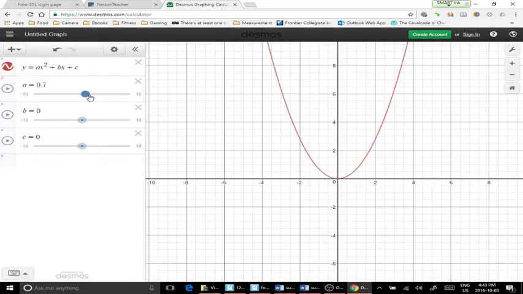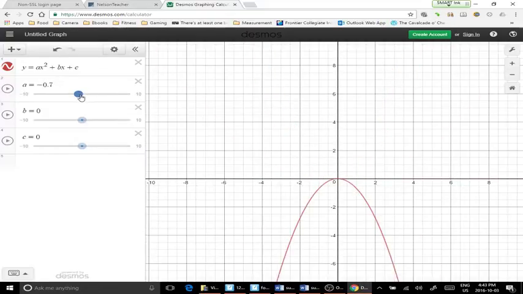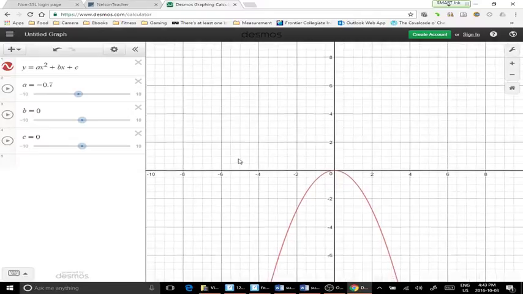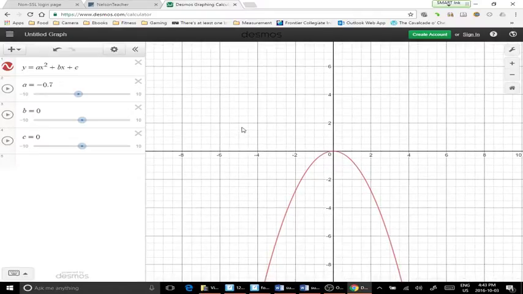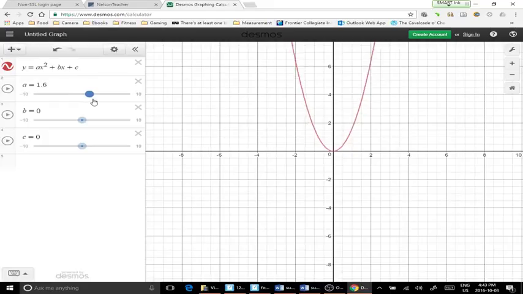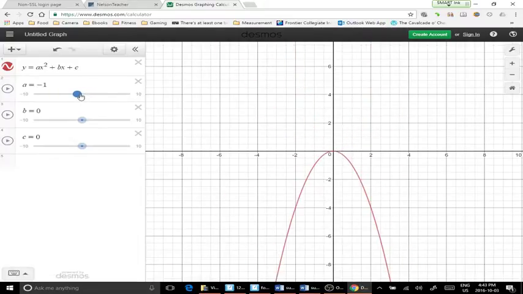Now, if I make A negative, we see something special. If A is negative, the graph points down. For all our other ones, A was positive and the graph pointed up. So if A is positive, the graph points up. If A is negative, the graph points down.